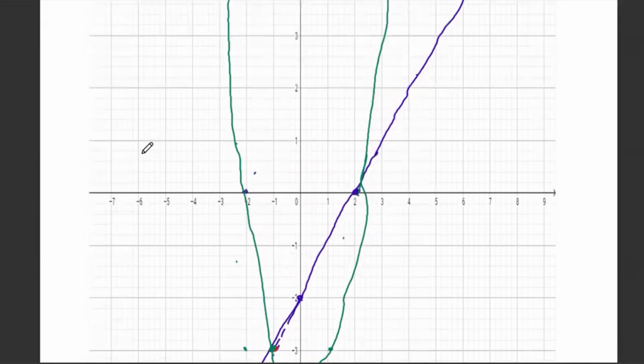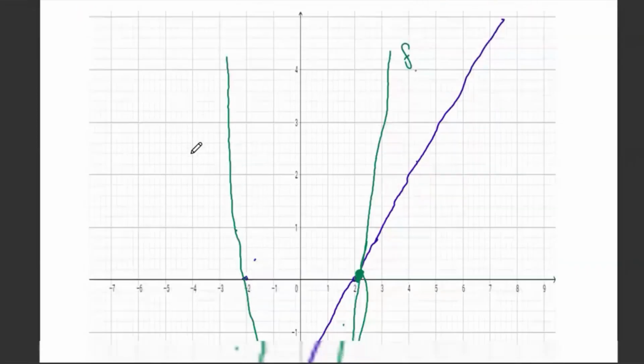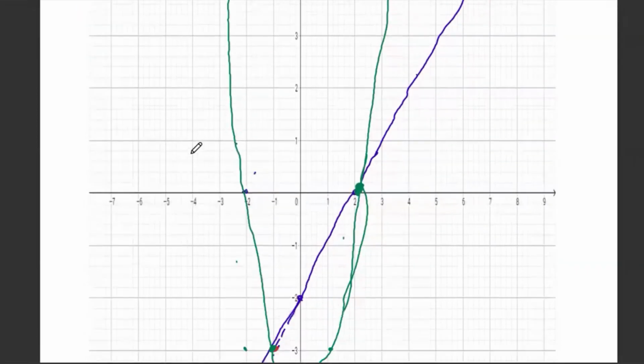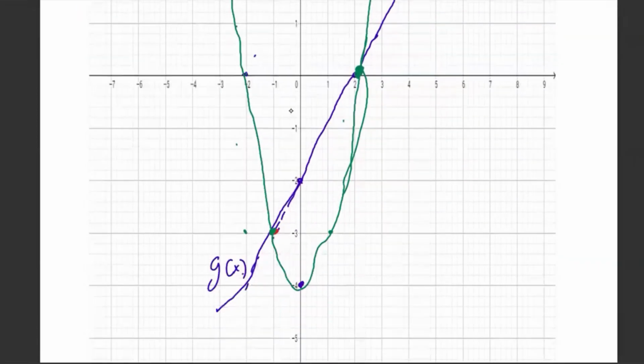When do we find g to be above the parabola? So we can see that from this point 2, yeah? Remember, focus is g, okay? And then this point -2, that's where g is above this area. G is on top, the f is at the bottom.